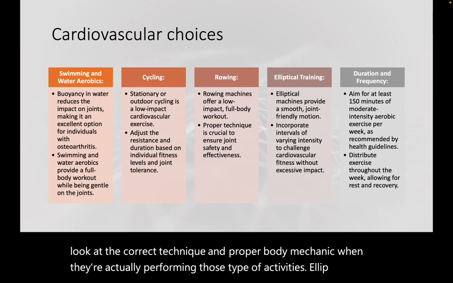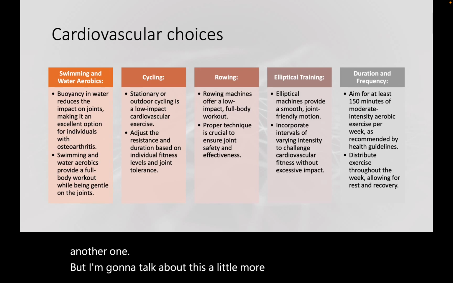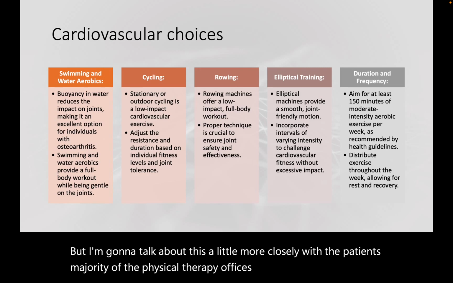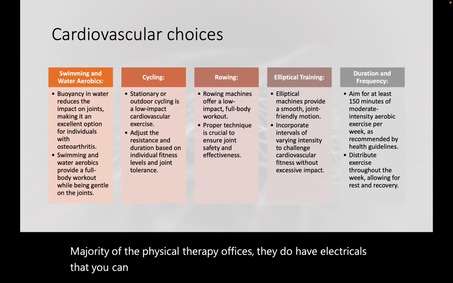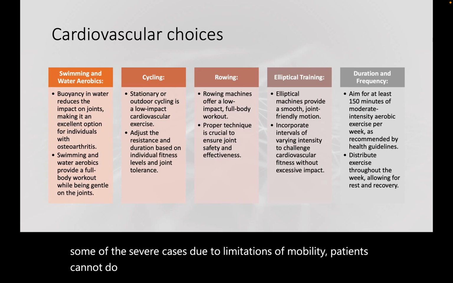Elliptical is another one, but I'm going to talk about this a little more closely with the patients. The majority of physical therapy offices do have ellipticals that you can utilize with your patients. However, in some of the severe cases, due to limitations of mobility, patients cannot do ellipticals. So I suggest cycling for those patients.